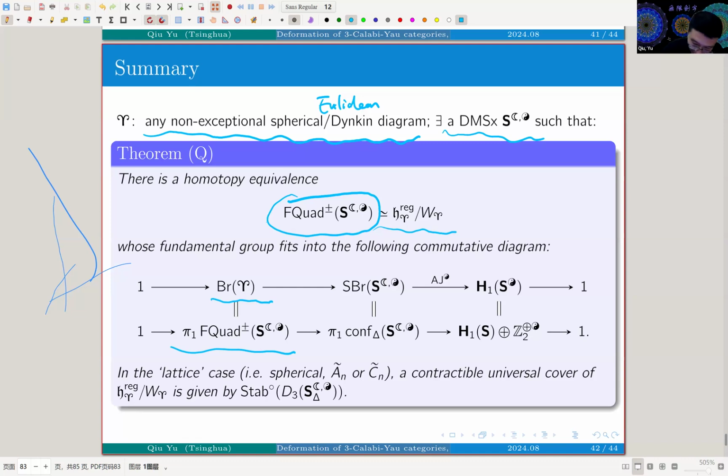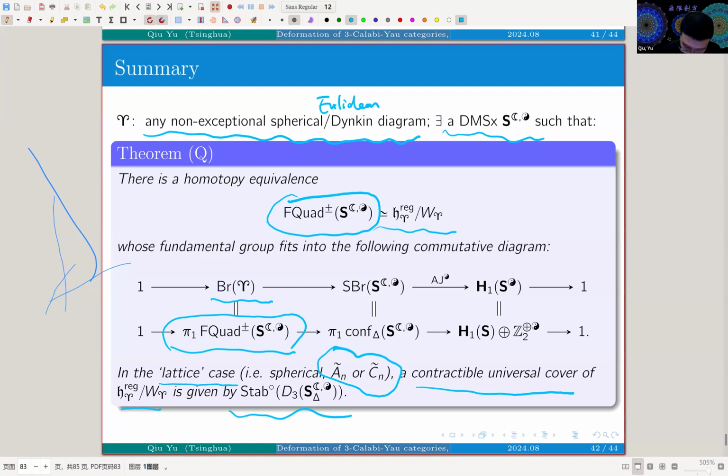And in fact, for finite type, so type A, B, C, D, or type A tilde and C tilde, in all these types, which there's a terminology called the lattice type, we can show that the contractible universal cover of this hyperplane arrangement or this moduli space is given by the corresponding space of stability conditions of the associated 3-Calabi-Yau category.